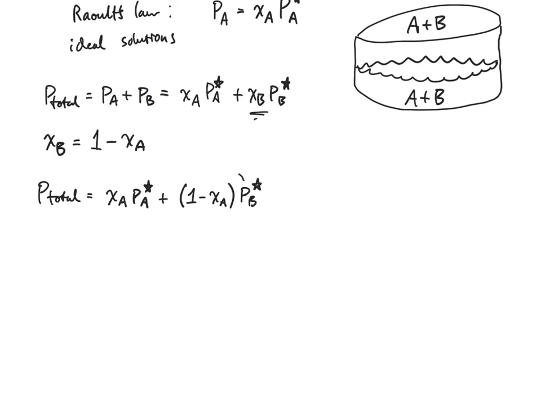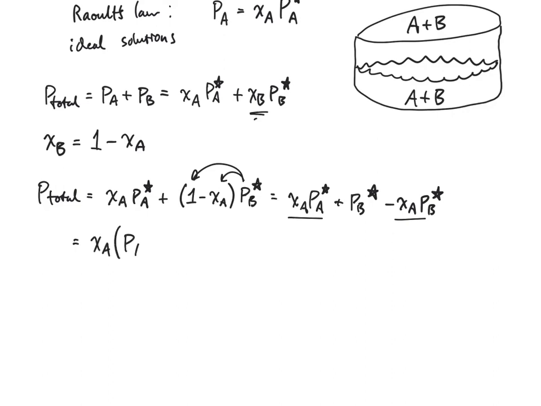And then I'm going to distribute that PB star, and I get XA PA star plus PB star minus XA PB star. Now I'm going to group together the expressions that have X, and I can say that this equals XA times (PA star minus PB star) plus PB star.